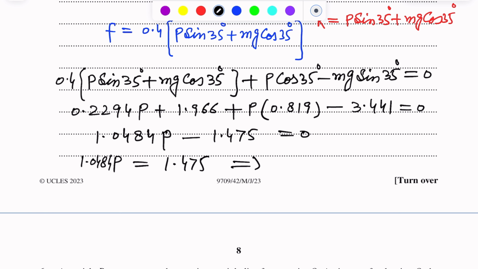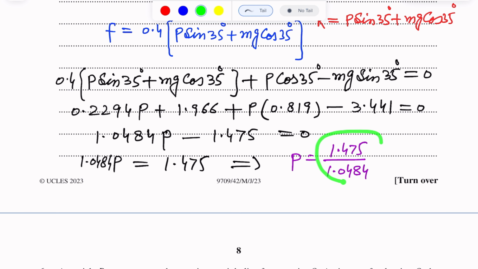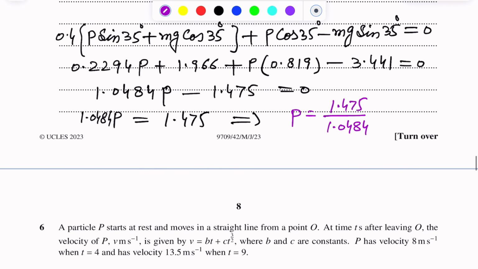From here, P will be equal to 1.475 over 1.0484. Finally, after simplifying, we get the value of P, that is 1.41. This is the least value of P.